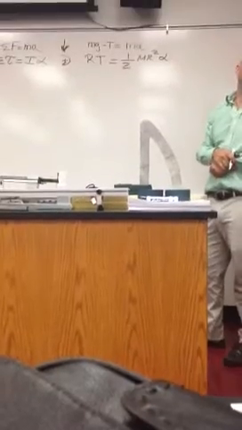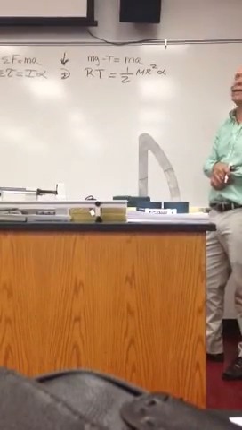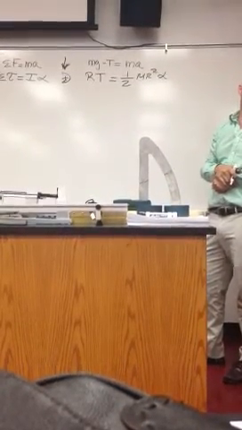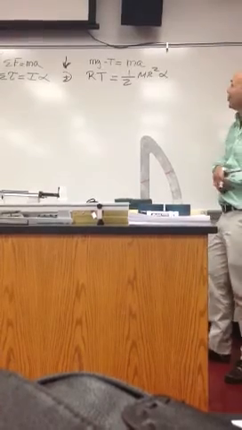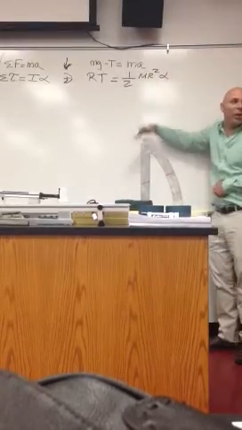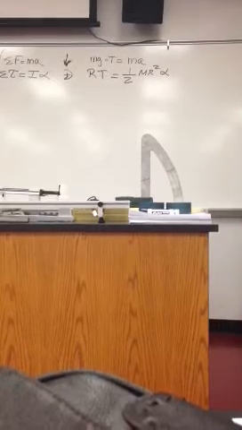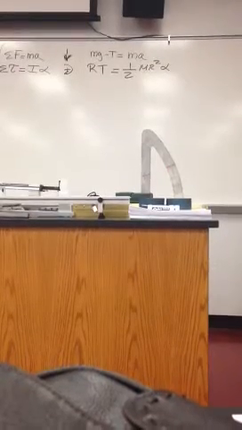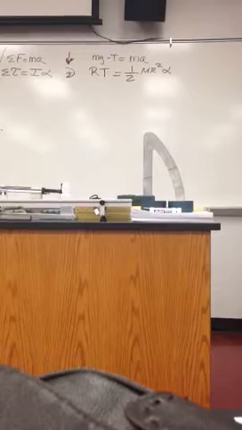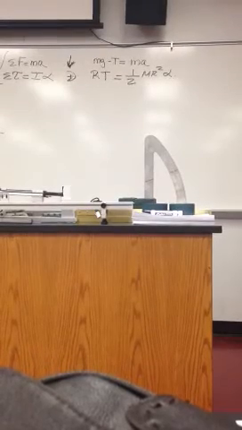What are we looking for? Linear acceleration, angular acceleration, and tension. Do you have in these two equations those three things? So somehow we have to work with those equations to figure it out.